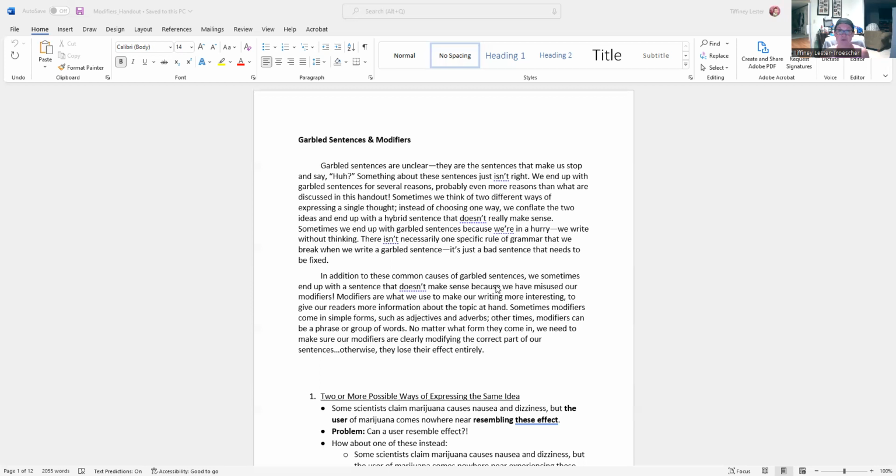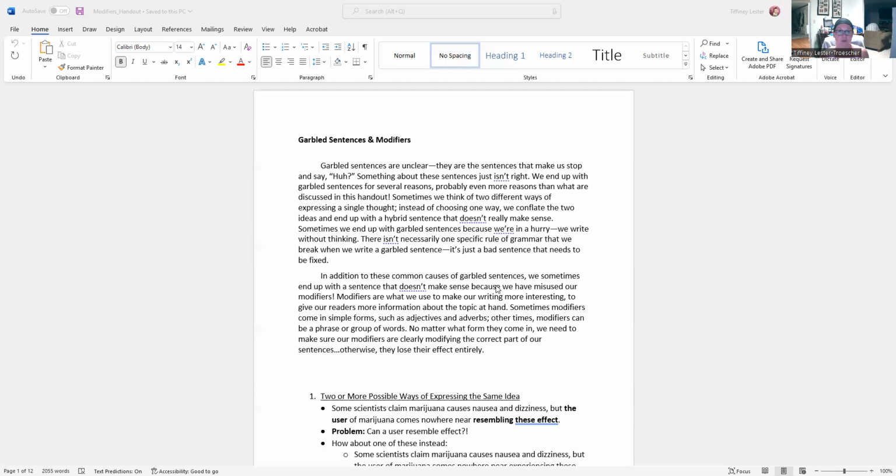Modifiers are what we add to our writing to make it more interesting, to give our readers more information about the topic. Sometimes modifiers can come in simple forms like adjectives and adverbs, right? The red house. The adjective red there is a modifier. It adds on to the noun house.